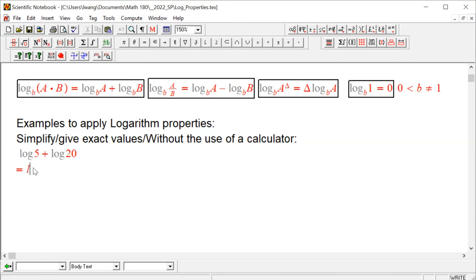The same base, 5 times 20. That becomes log 100. Log 100 equals 2, right? So it's simplified.